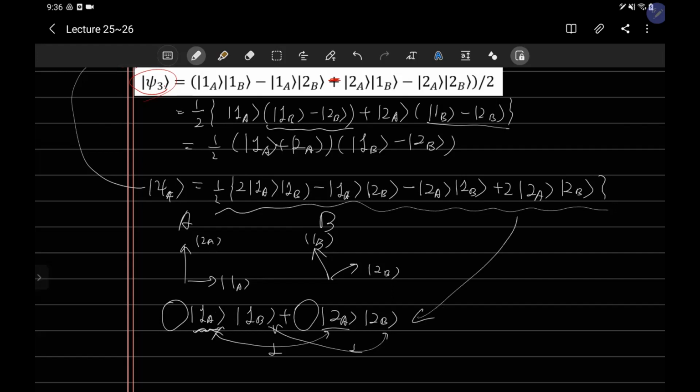In principle, one option is, if we write the given quantum state in terms of these 1A and 2A basis, and 1B and 2B basis, then they might look like this, and all the terms might appear here. But if we can find a new basis, let's say this one as a new basis, and it is called Roman numeral A. Sorry.